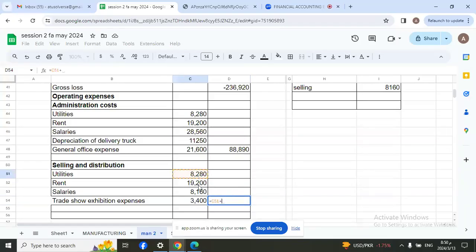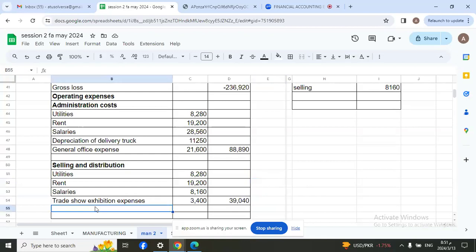You also add 8280 plus 19200 plus 8160 plus 3400. I'm getting 39,040. Are we together? Yes, the figure is okay.